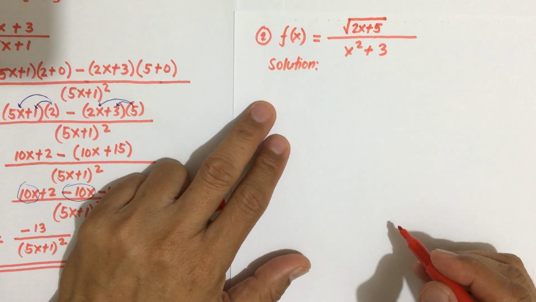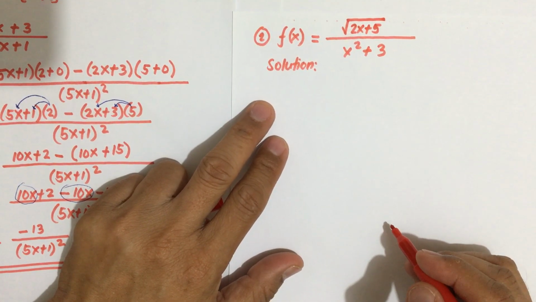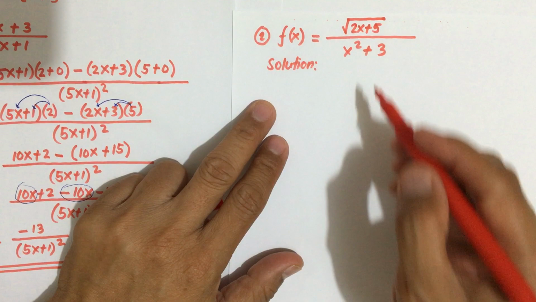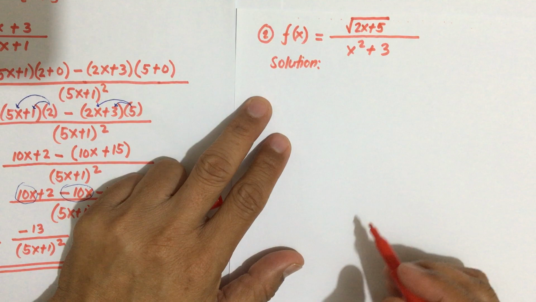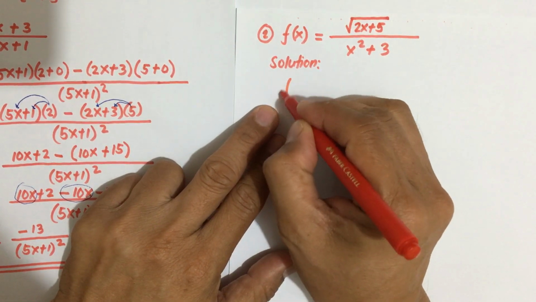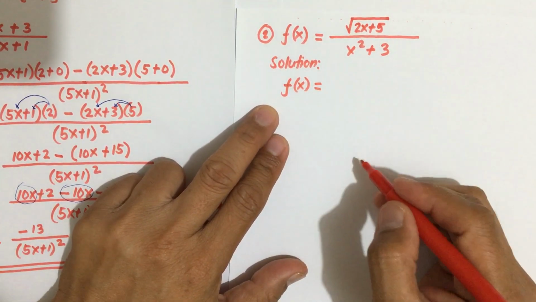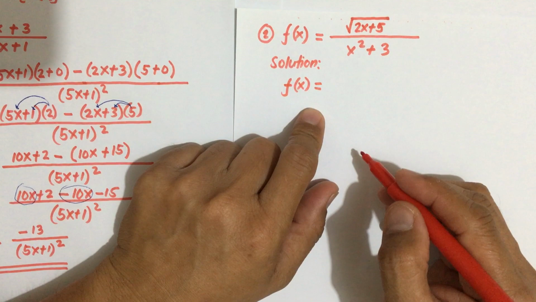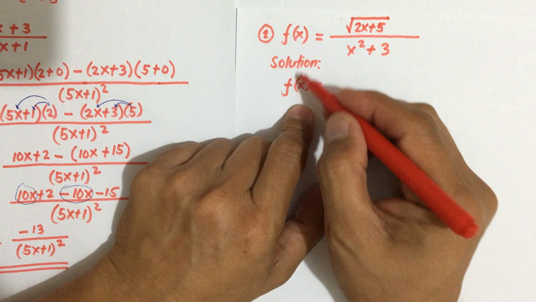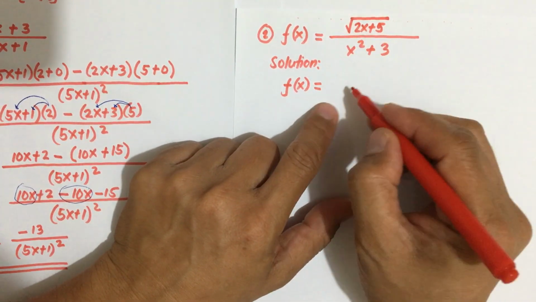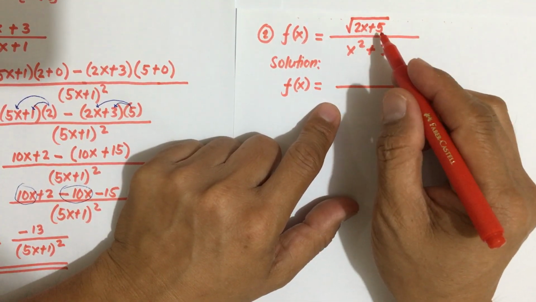So my advice, if you have this kind of function, class, is to express first the term that contains the radical in terms of its fractional exponent. So our first step here is to change this first into a rational expression. Okay, so I'm not taking the derivative yet. I'm just copying this one, and I'm going to transform this into a form with a rational exponent.